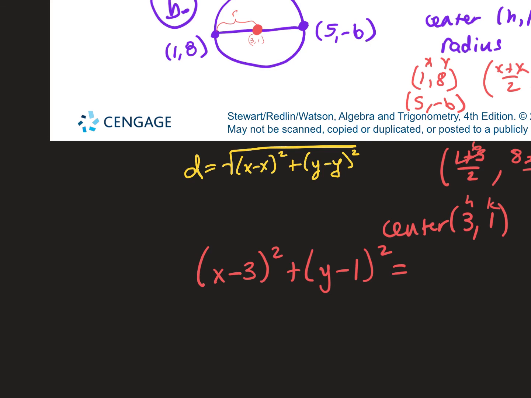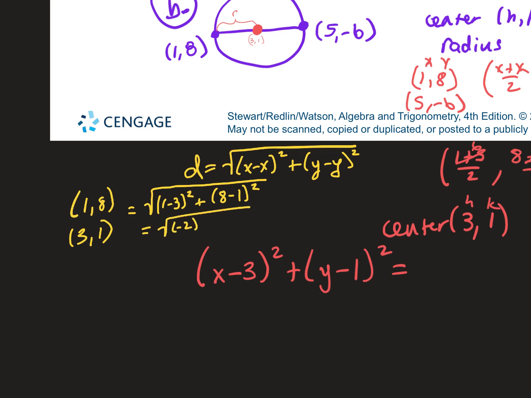So what are the 2 points that we're going to use? 1, 8 and the midpoint, which is 3, 1. So let's find our distance. I have 1 minus 3 squared plus 8 minus 1 squared. Agreed? So I have -2 squared plus 7 squared, 4 plus 49.